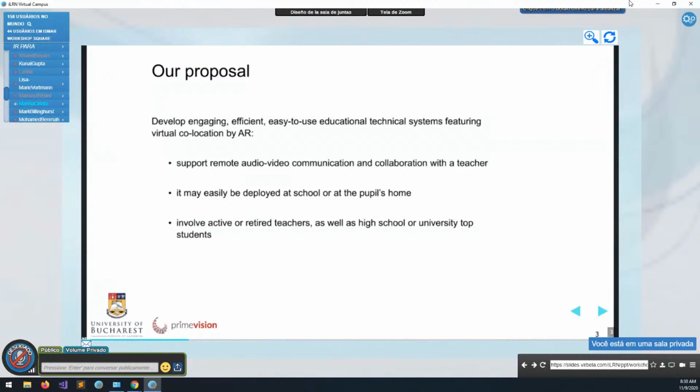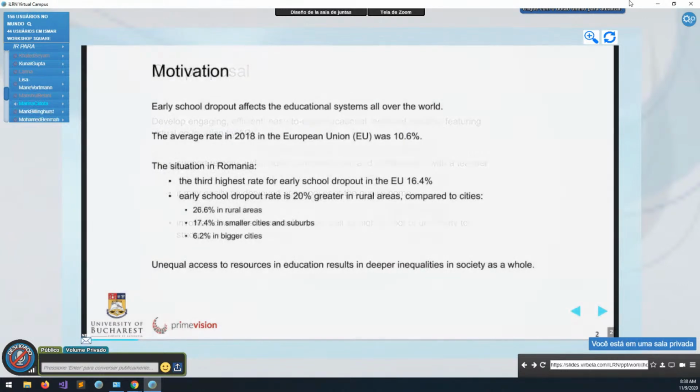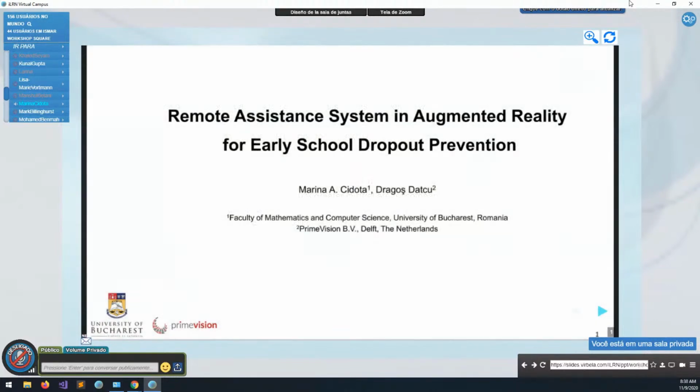We came across some reports regarding the situation in Romania about early school dropout. The figures that you see here are percentages for young people between 18 and 24 years of age who have graduated at most the 8th grade.